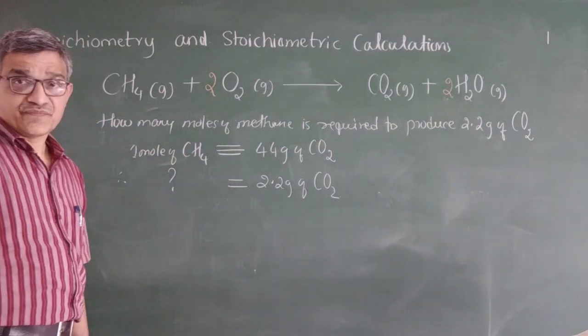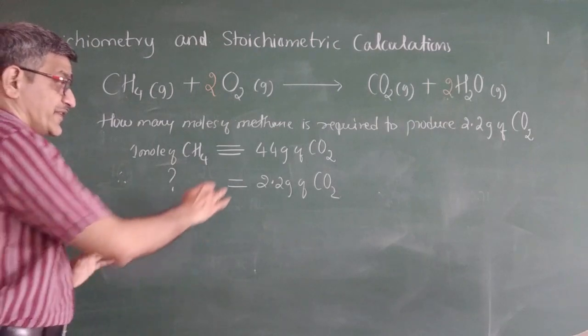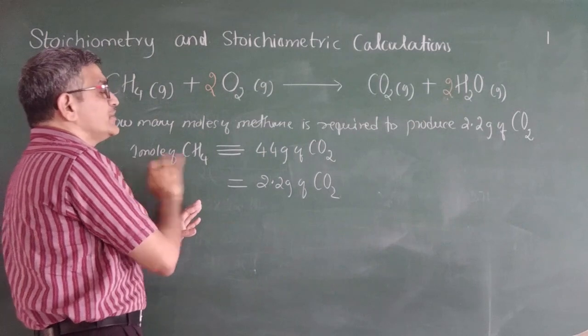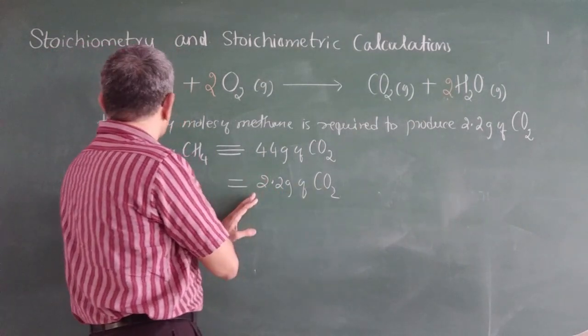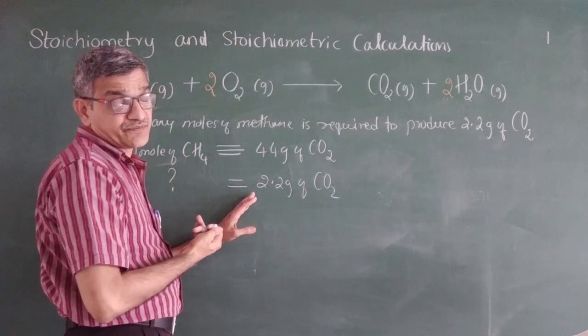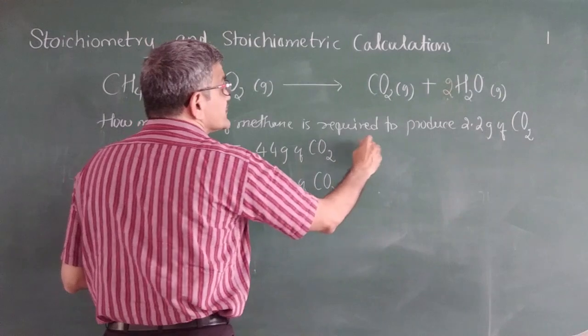Okay. Same method. 44 grams of carbon dioxide is obtained from 1 mole of methane. Therefore, 2.2 gram of carbon dioxide is obtained from how many moles of methane? Again it is cross multiplication. 44 corresponds to 1 mole.